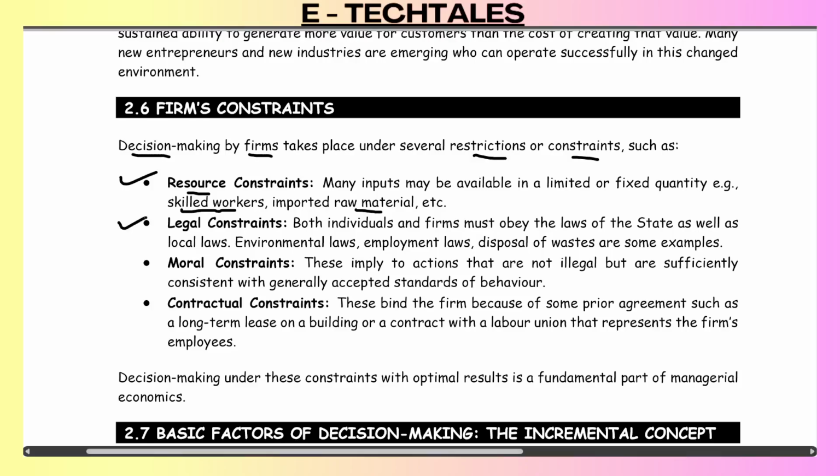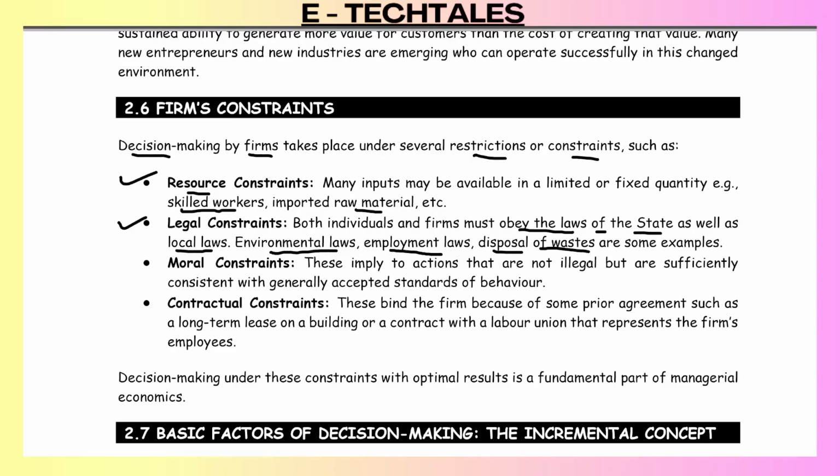Then there are legal constraints. Why? Because both individuals and firms must obey the laws of the state as well as the local laws. So there are environmental laws, employment laws, and waste disposal laws, which are different in different countries. So they have to be obeyed.